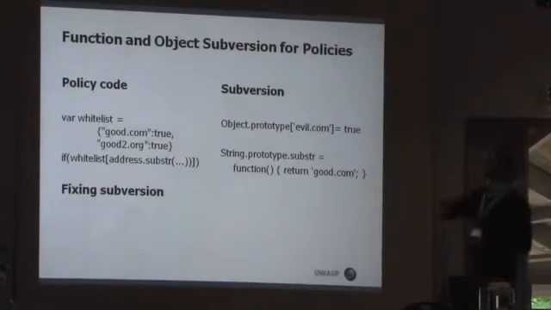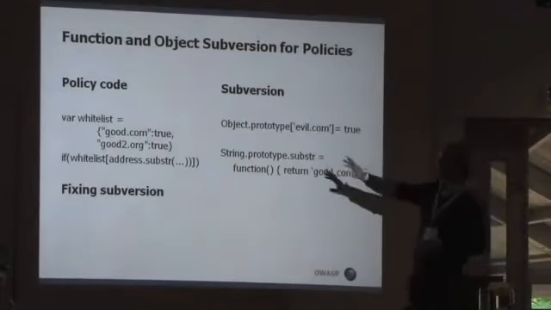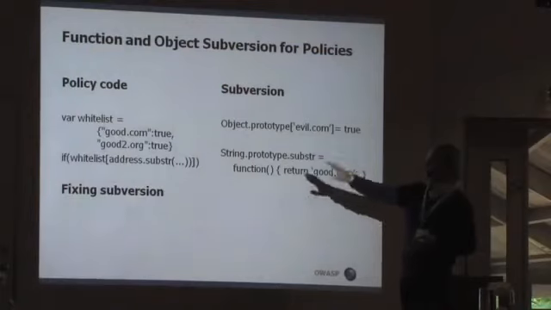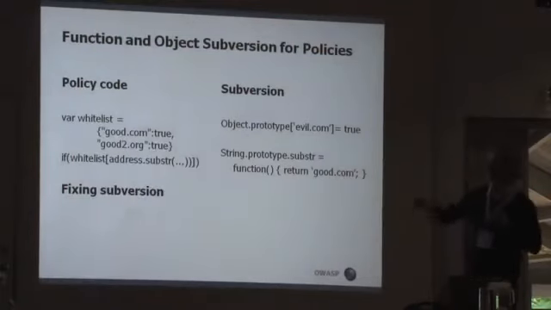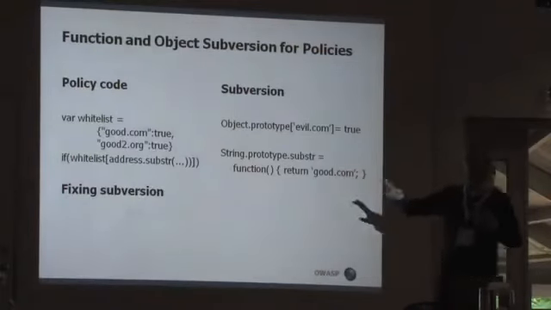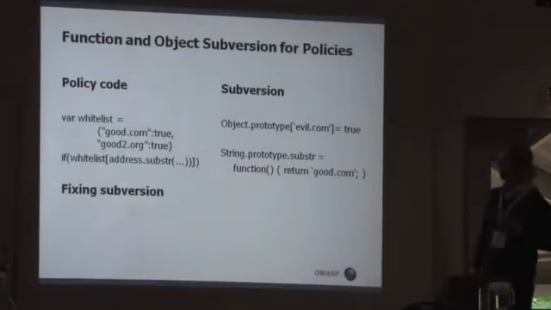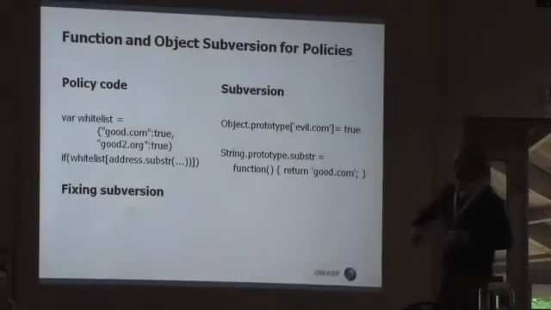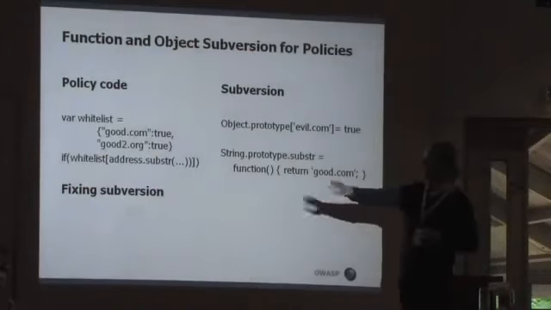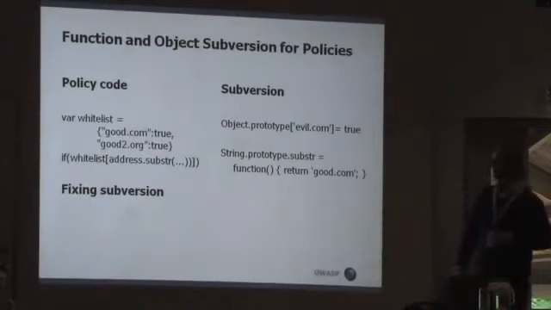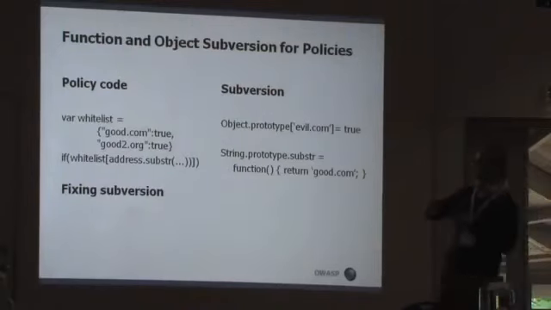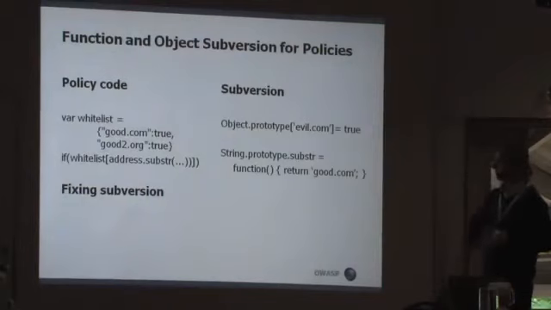So for example, in the policy, if we have a whitelist, which consists of an object where a domain name is associated with true if it's in the whitelist, and we do a lookup in the whitelist, if it's in the whitelist, then it's okay to be visited or something like that.